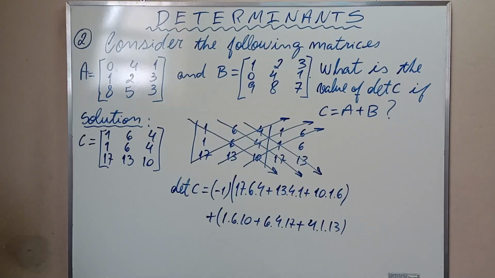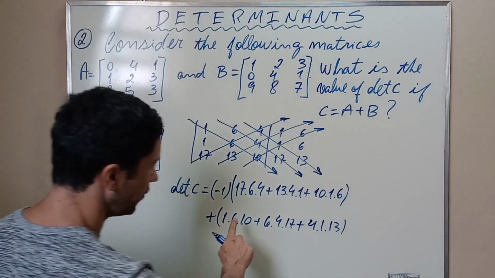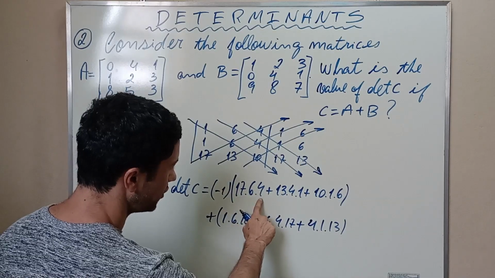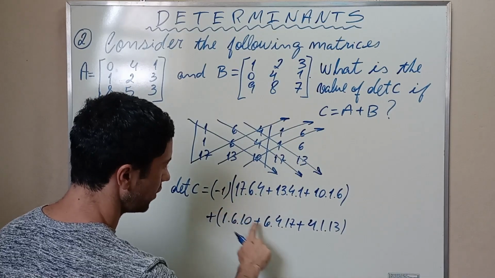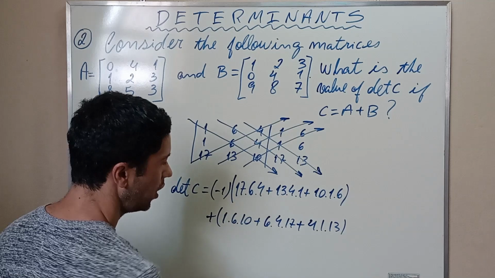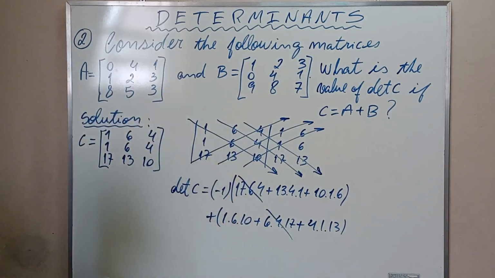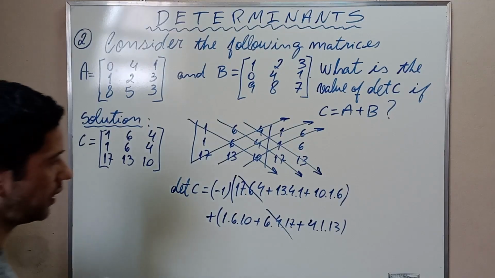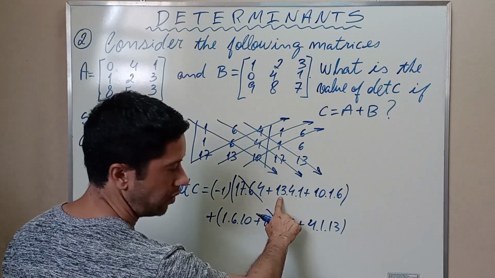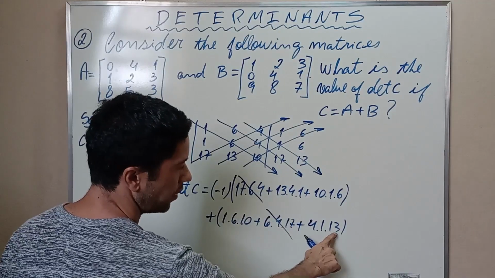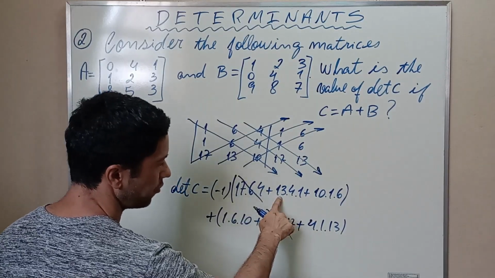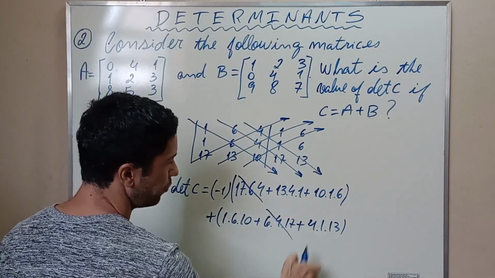Observe that as the terms are equal, differing only by their sign, the determinant is 0. We have here 17, 6, 4, but negative, and here 17, 6, 4, positive. We can cancel this with this. Observe also that we have here 13, 4 and 1, negative, and 13, 4 and 1, positive.